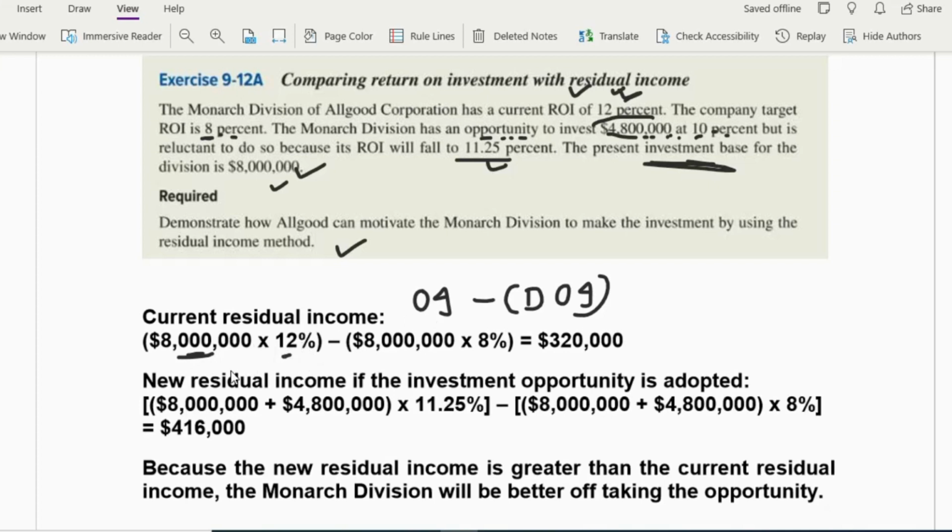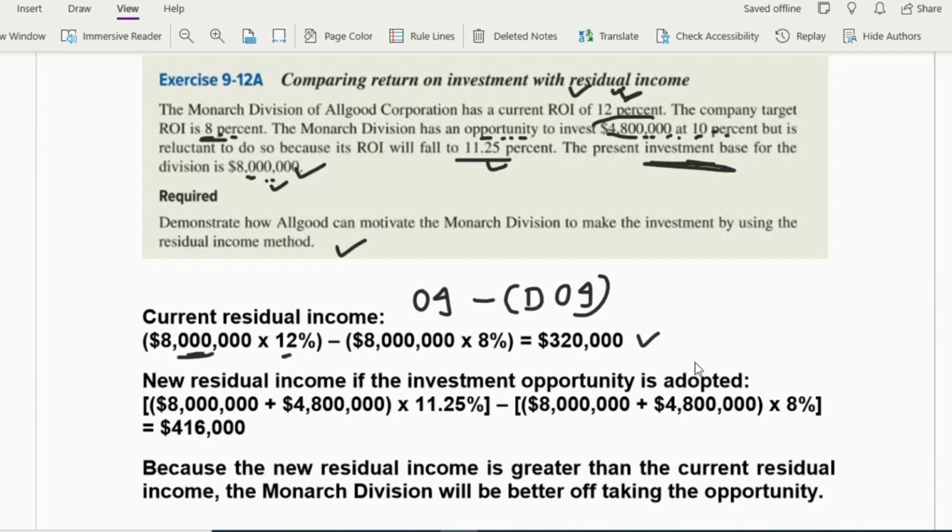So I get my operating income, and then I need to calculate minus my desired operating income. So how would I know? My desired rate was 8% and the assets were 8 million. Whatever answer you have, you simplify this expression, and you get your current residual income of 320,000.